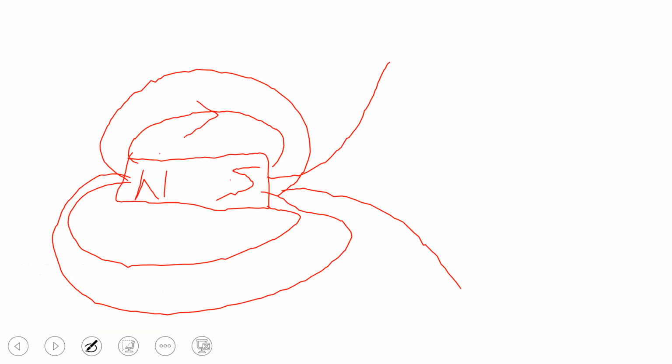The arrows point from the north to the south. So at the South Pole, it points inwards, and at the North Pole, it points outwards.